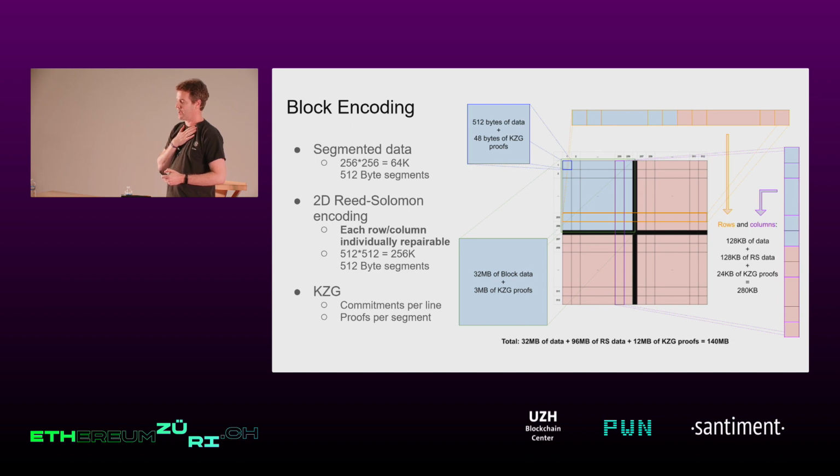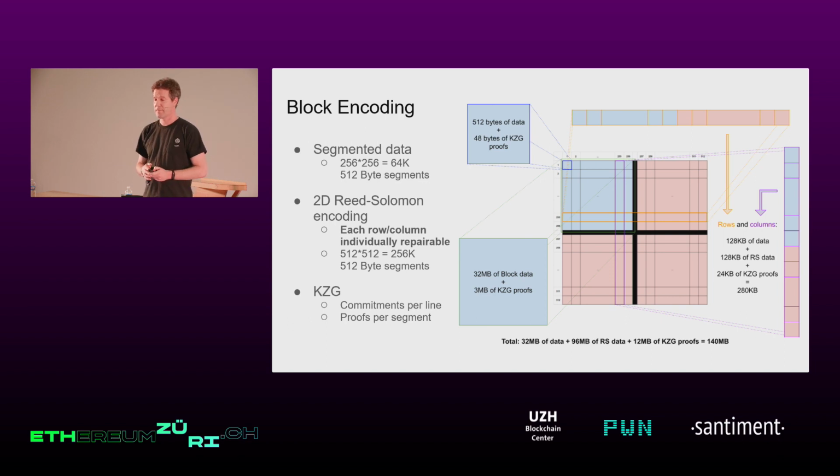For the 128 megabytes of data, you have something like 12 megabytes of KZG commitments added. So you have this extended set of data, of which the top left corner is the original data. And sampling is going over this.